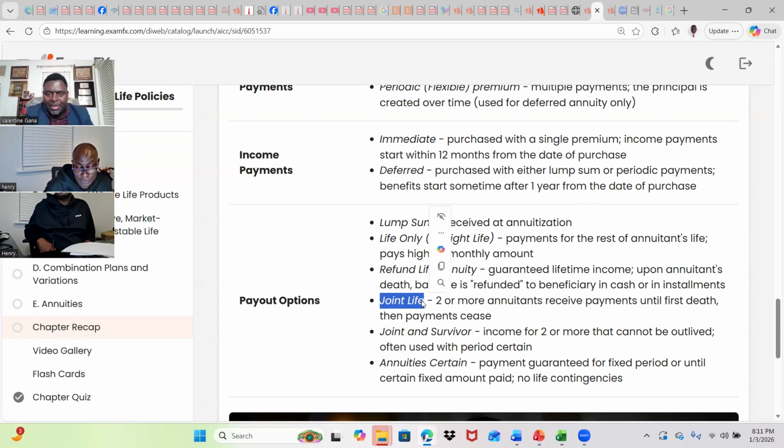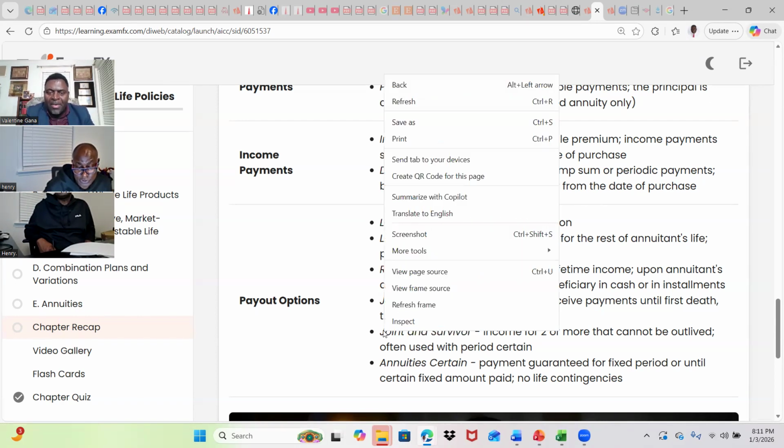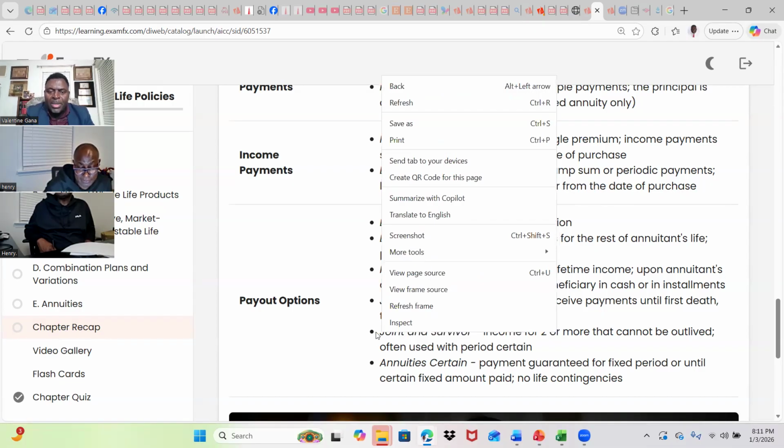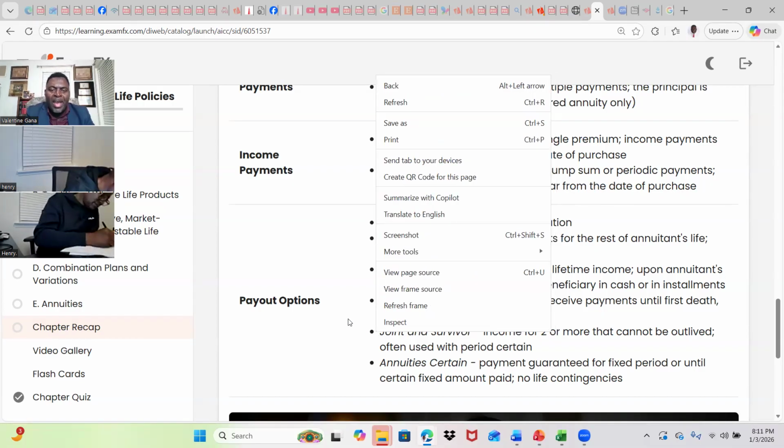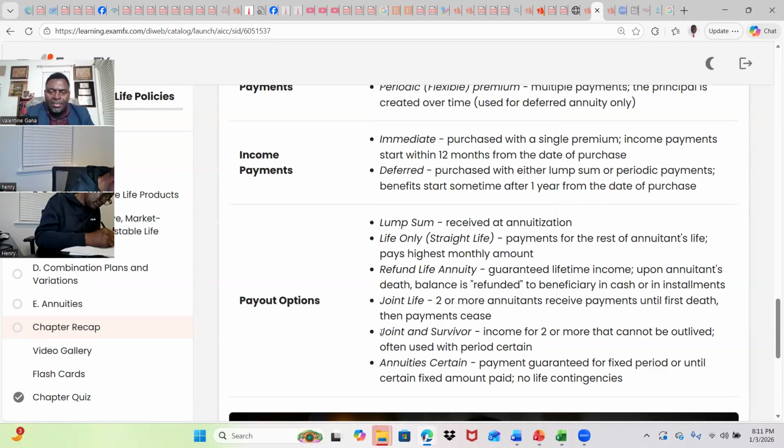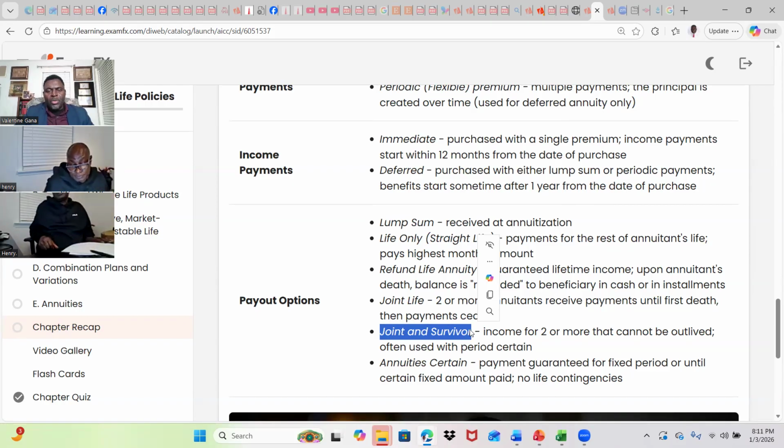That is joint life. For joint and survivor, write joint and survivor equals second to die. So when the second person dies, they stop.